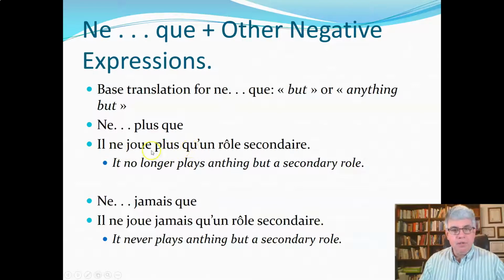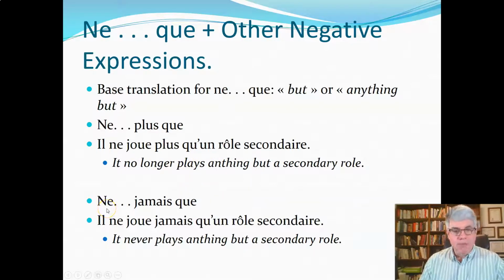So it's both ne plus and ne que. So we would do that as it no longer plays anything but. The que we're going to translate as anything but a secondary role. So we've got two negative expressions, ne plus and ne que, and that'll come out to no longer anything but.